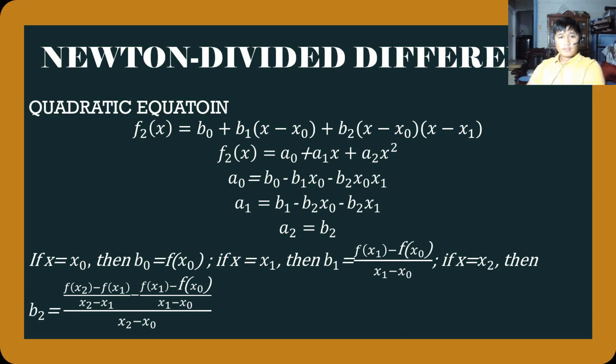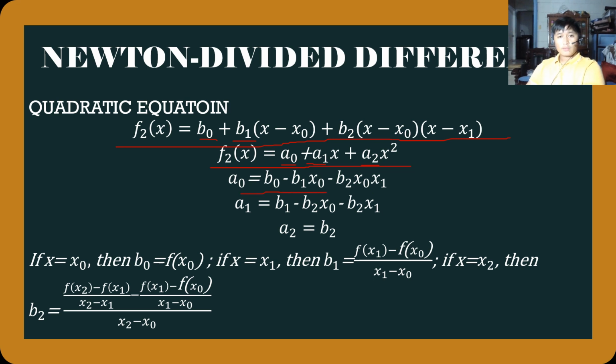Okay, next is the quadratic equation. We have this standard formula, and it can also be written in terms of b sub 0, b sub 1, and then this is in terms of a sub 0, a sub 1, and a sub 2.